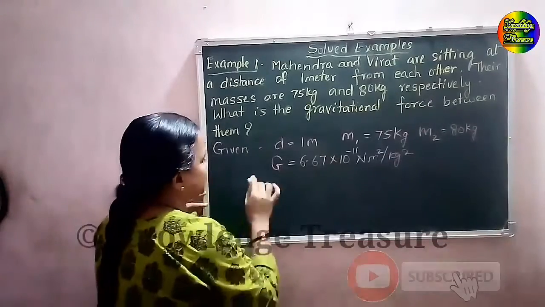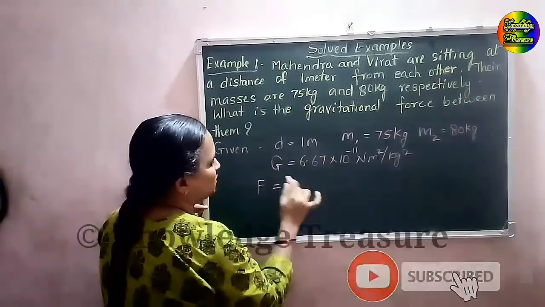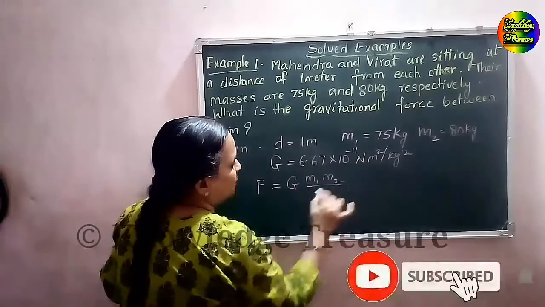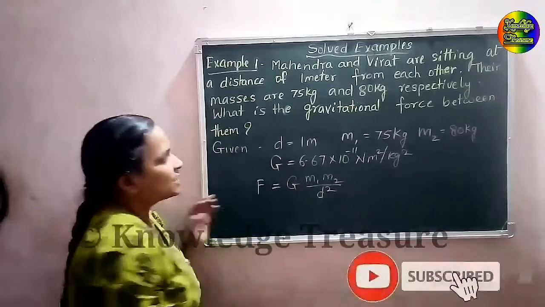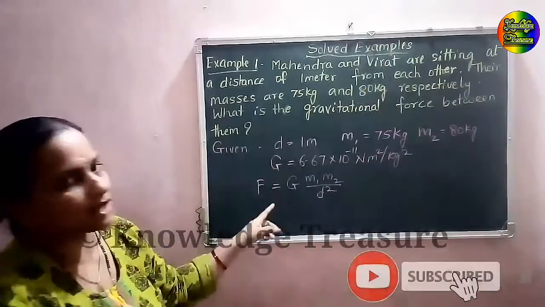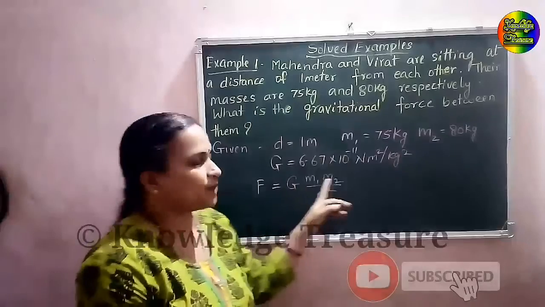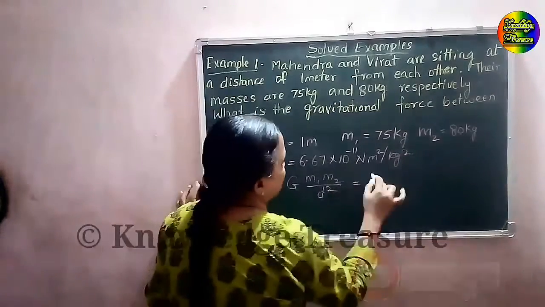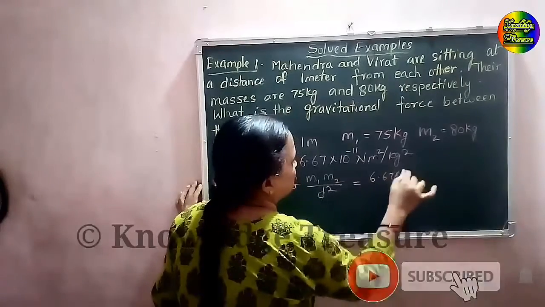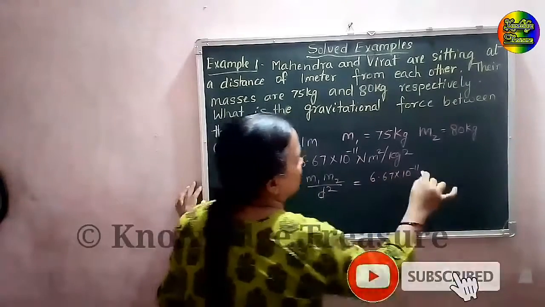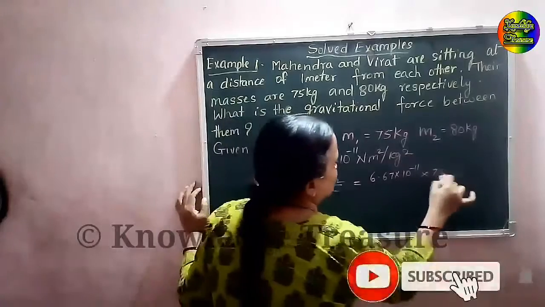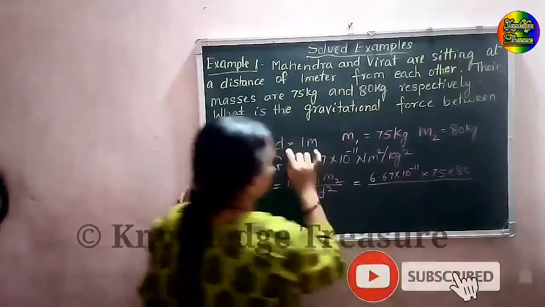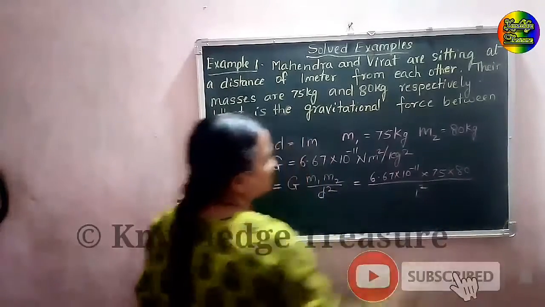Substituting all these values in the equation, the formula for gravitational force is F is equal to G M1 M2 upon D square. What is the value of G? G is 6.67 into 10 power minus 11, into M1 is 75 kg, M2 is 80 kg, upon D square, which is 1 meter, 1 square.